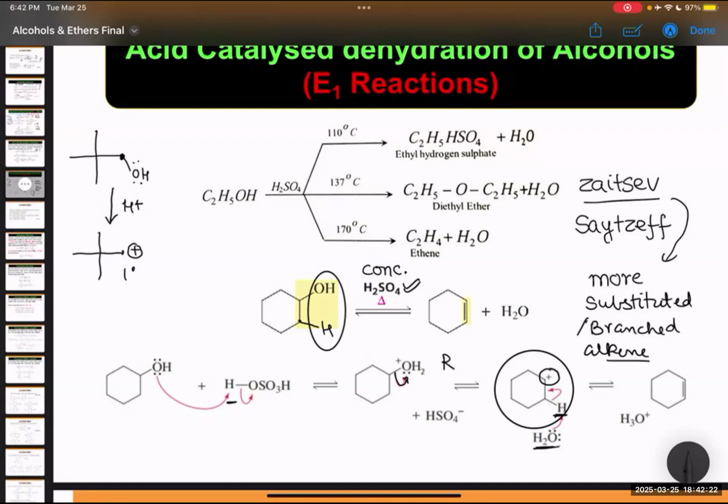This is the RDS, rate determining step. It is the step which can control the rate of the reaction, right? So it can happen most easily if you have a secondary cation as compared to primary. The dehydration can happen more quickly on secondary. If you have a tertiary, then also it can happen more easily than on secondary, right?